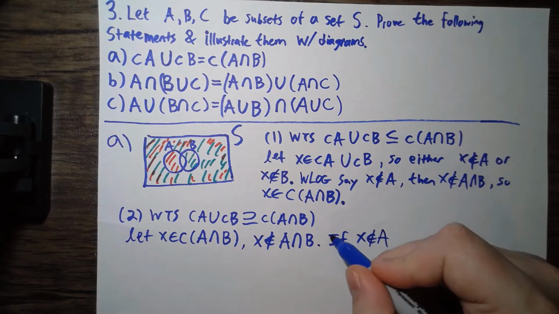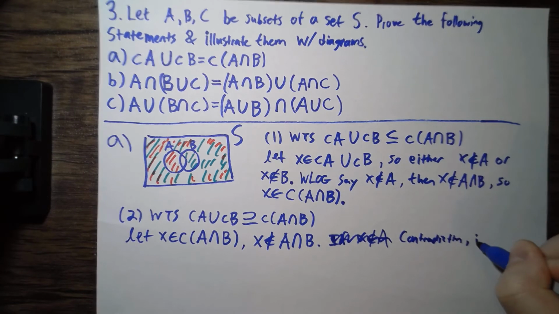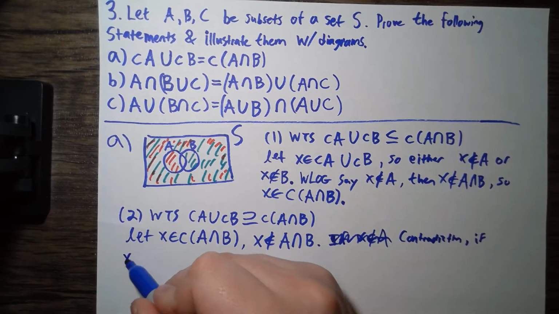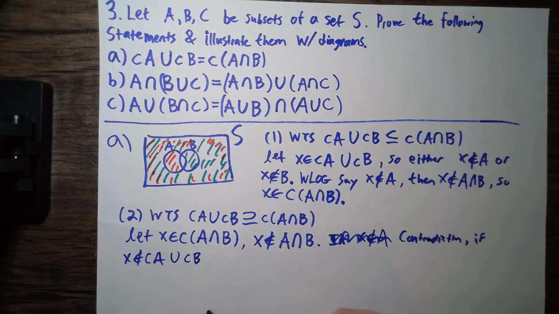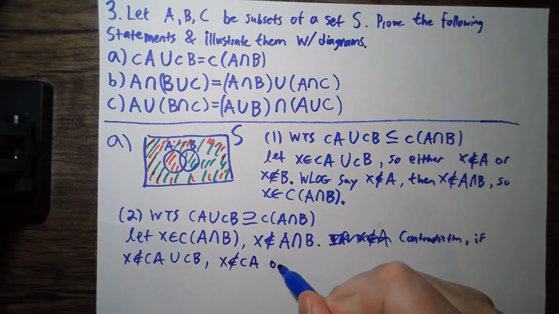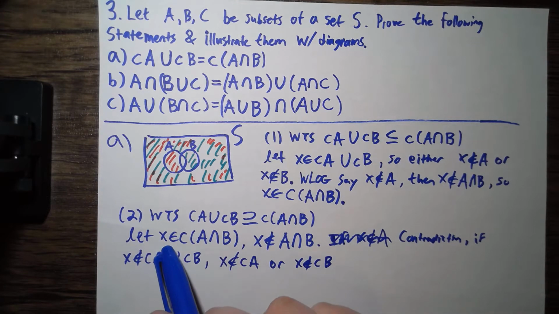So if we do, say, for contradiction, if X is not in the complement of A union the complement of B, so if X is not in here, then we must have that X is not in the complement of A or X is not in the complement of B. So say, give me a second to think about this.